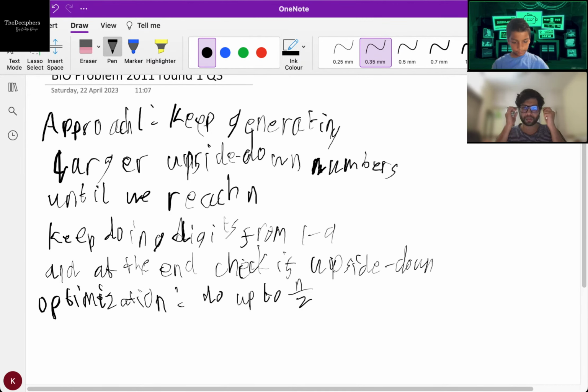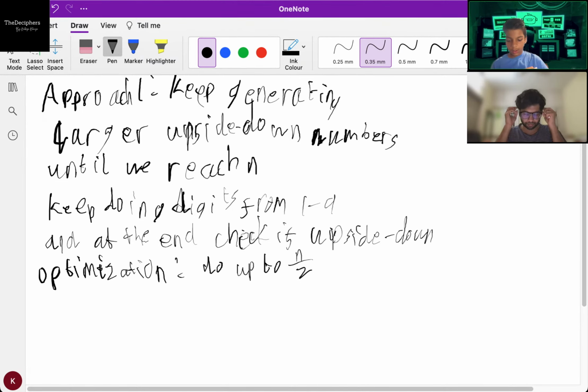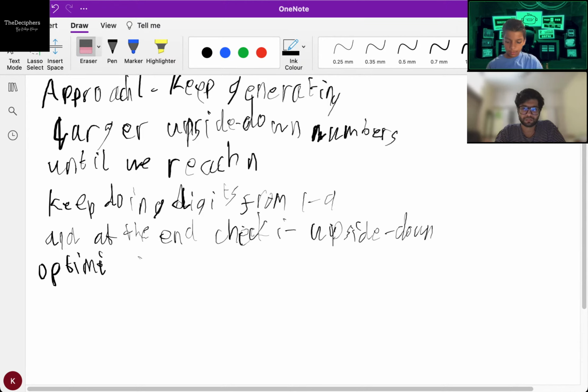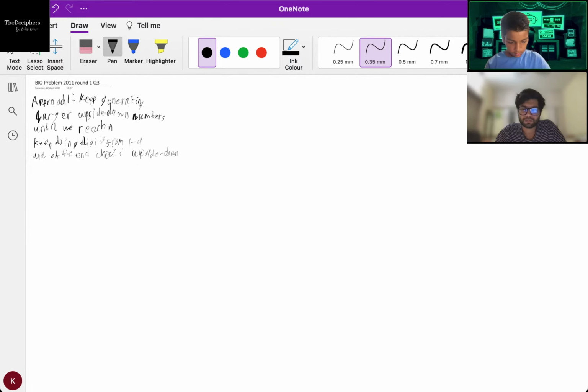So when we do up to N over 2, wait, no. Actually, I don't think we can do that unless we knew the length of it.